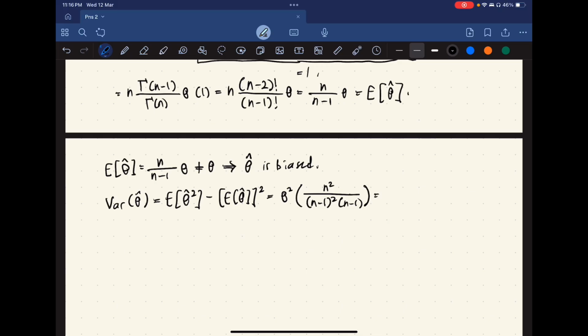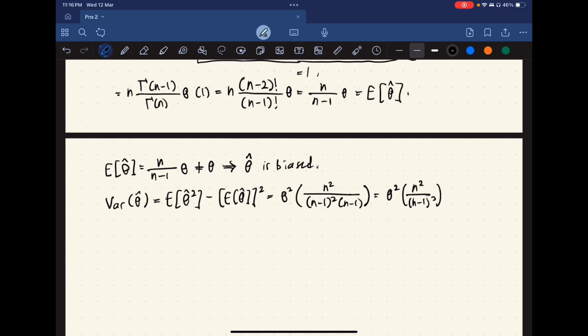I think here we can just write it as theta squared n squared over (n minus 1) cubed. What can we say about these two quantities, the expectation and the variance?